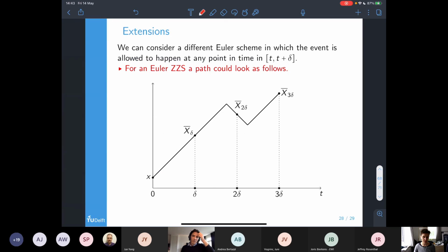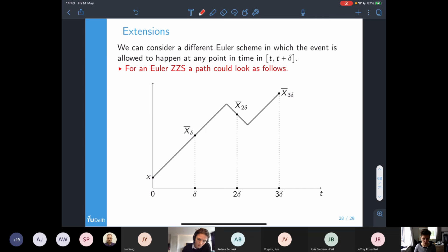Okay, then really a final thing I would like to say is on the same line as allowing multiple switches per time interval. Why not allow for the switching events to happen, instead of at the end of the time step, also at some midpoints, right?